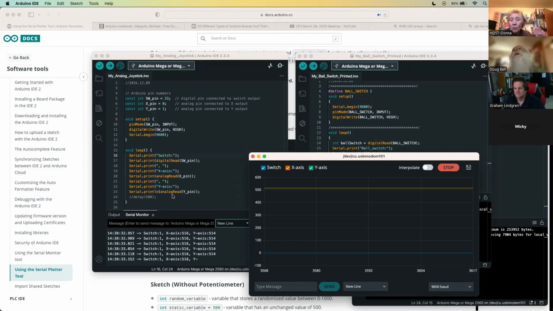So what I recommend that you do, Doug, for this joystick and the other parts that you've got hooked up to the serial plotter, is that you look specifically at the supported range of baud rates that particular part is allowed to communicate with.